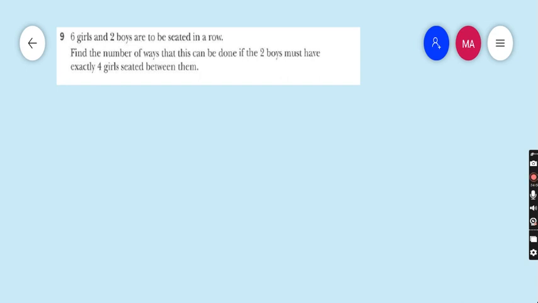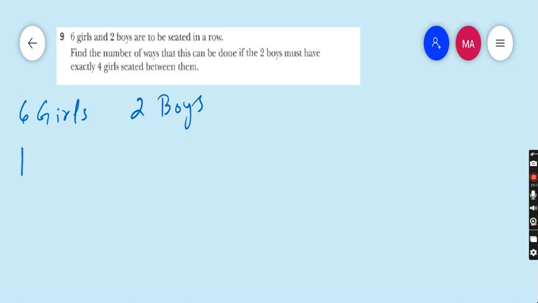Six girls and 2 boys are to be seated in a row. We have 6 girls and we have 2 boys to be seated in a row. Find the number of ways this can be done if the 2 boys must have exactly 4 girls seated between them.